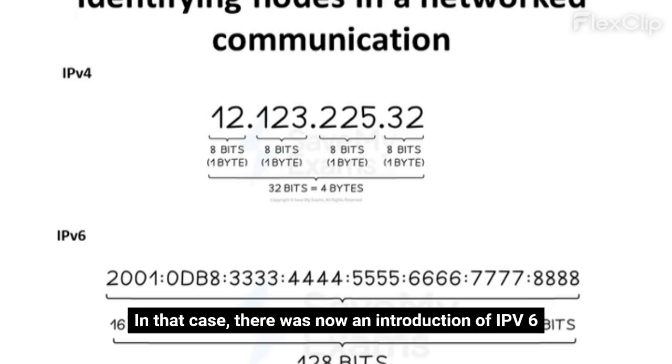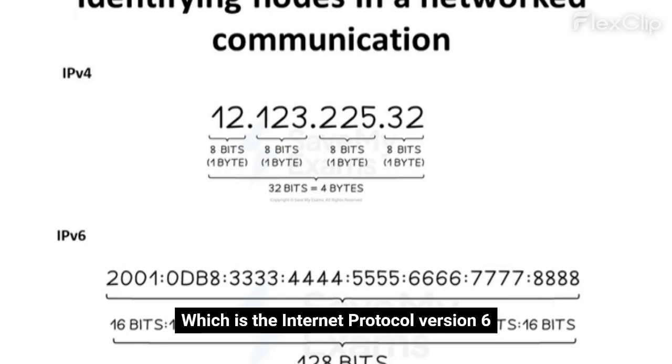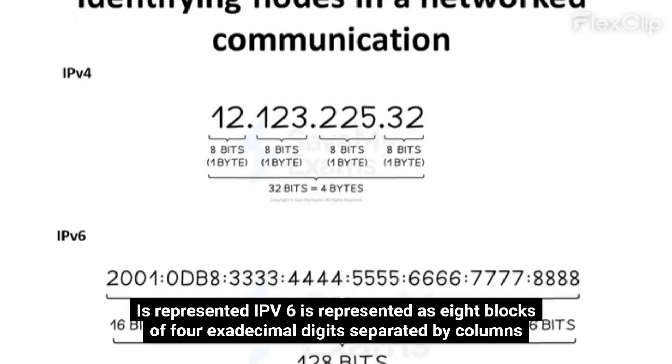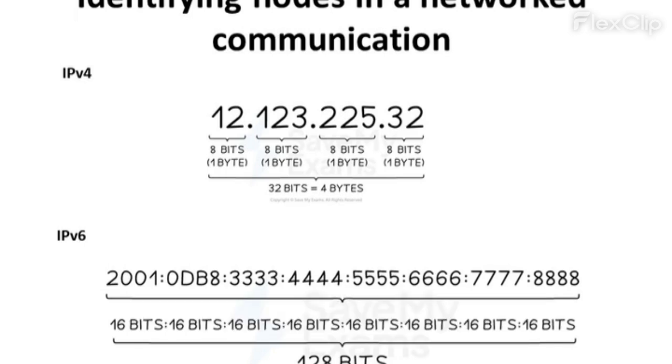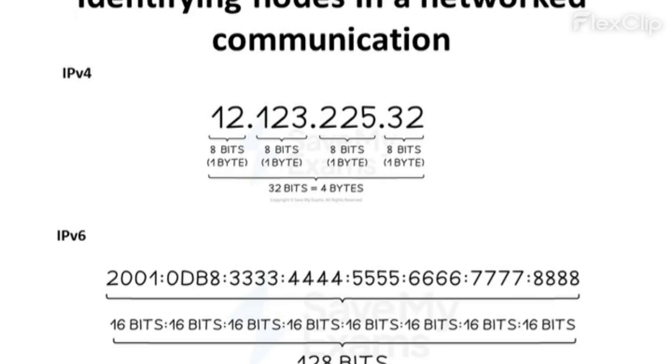In that case, there was an introduction of IPv6, which is Internet Protocol version 6. IPv6 is represented as 8 blocks of 4 hexadecimal digits separated by colons, and each block is 2 bytes, 16 bits, and each address is 16 bytes, which is 128 bits.